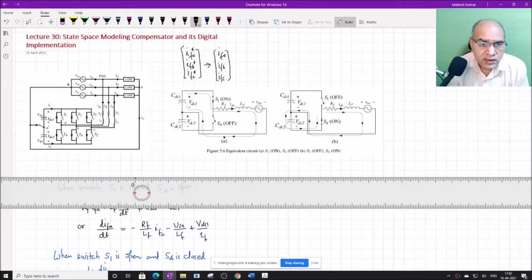Now we want to implement this compensator on a digital platform. So how do we model this system and how do we control it? This is in the figure. On the left hand side is the actual inverter, the actual converter or compensator, you can say.